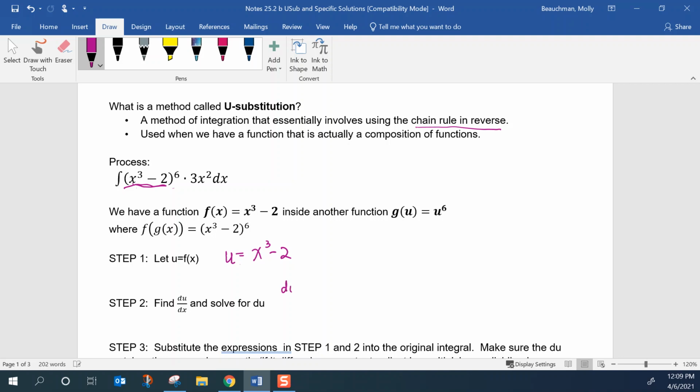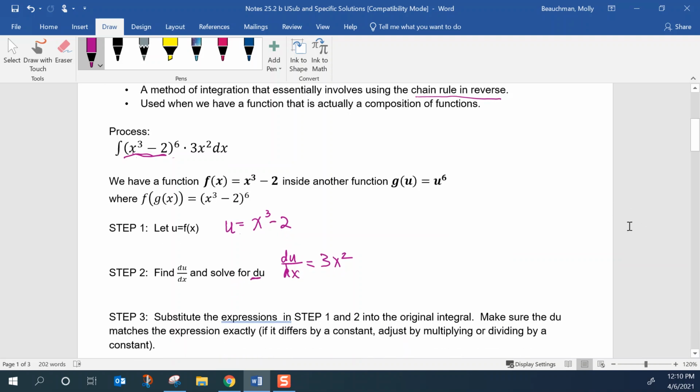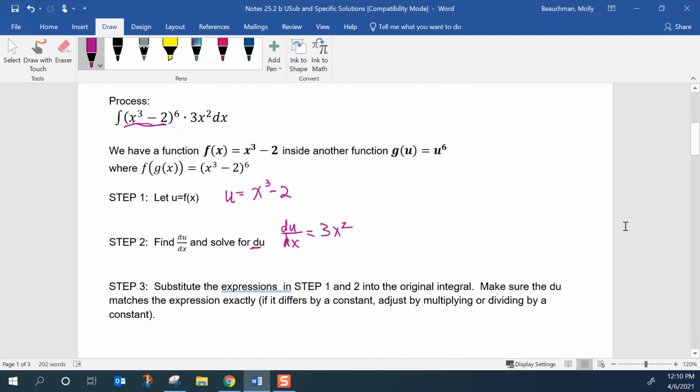So du dx is equal to 3x squared, and the derivative of 2 drops off. Then solve for du. Think of it as a fraction, du divided by dx. Multiply both sides by dx, and we get du equal to 3x squared times dx.